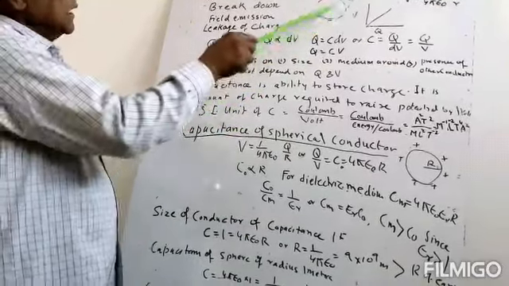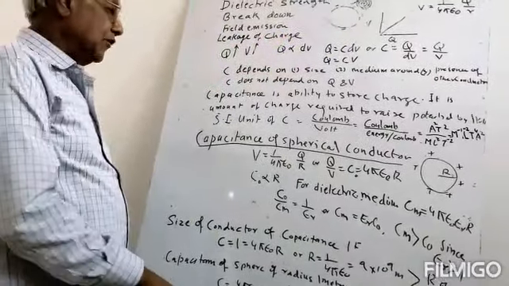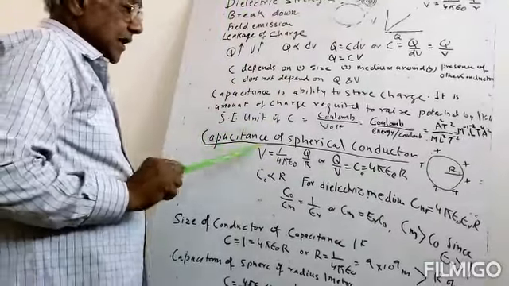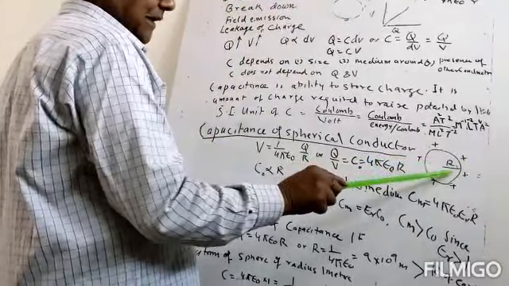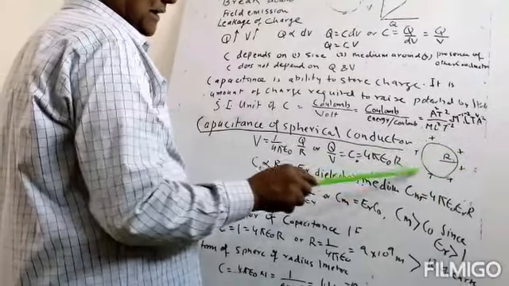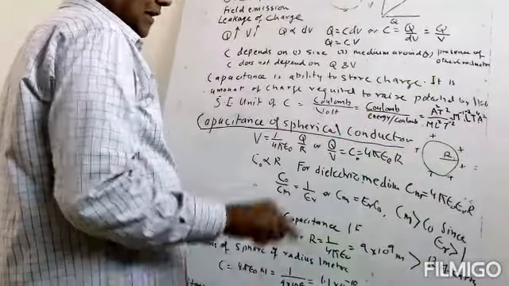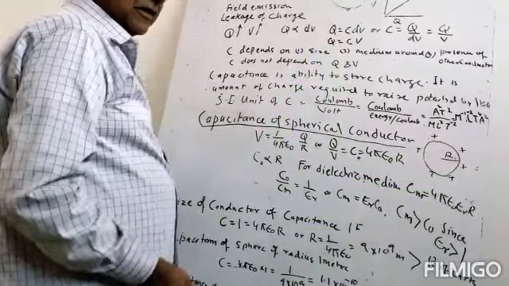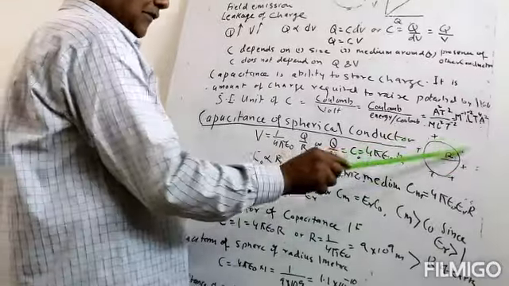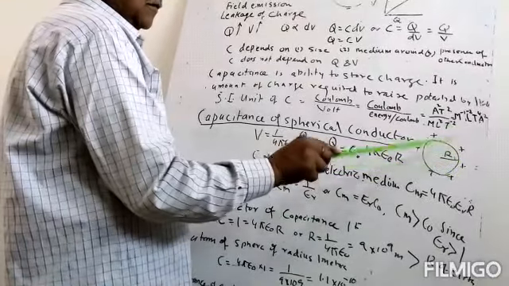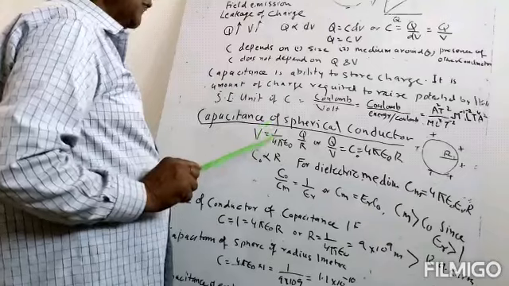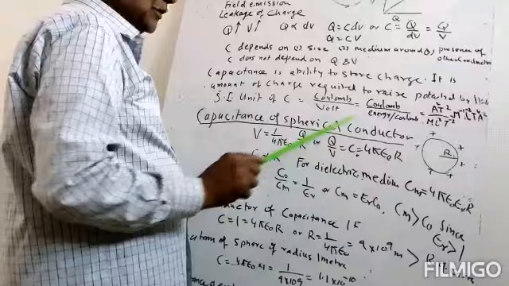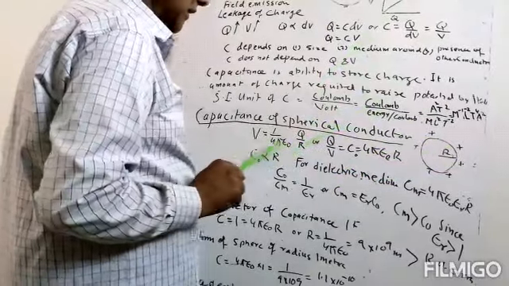Now, if our conductor is spherical and we want to find the capacitance of a spherical conductor, then we have this conductor, its radius is capital R and charge Q is given to it. Then what will be the potential on the surface? We have already calculated the potential on the surface of a charged sphere, that is equal to 1 by 4 pi epsilon into Q by capital R, where R is the radius and Q is the charge on the conductor.